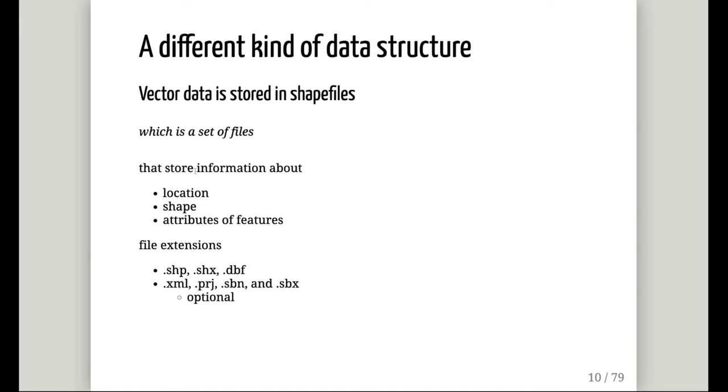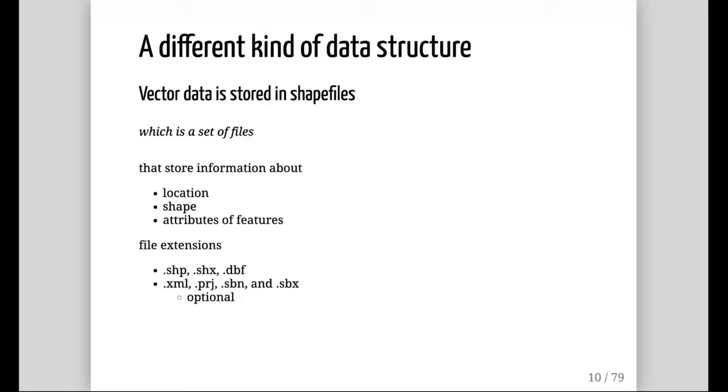multiple files. And the data is distributed over multiple files that store information about location, shape, and attributes of your features. By attribute, I mean any other characteristic which is attached with your geometry. For example, if you're dealing with road data, you may have information on road length.